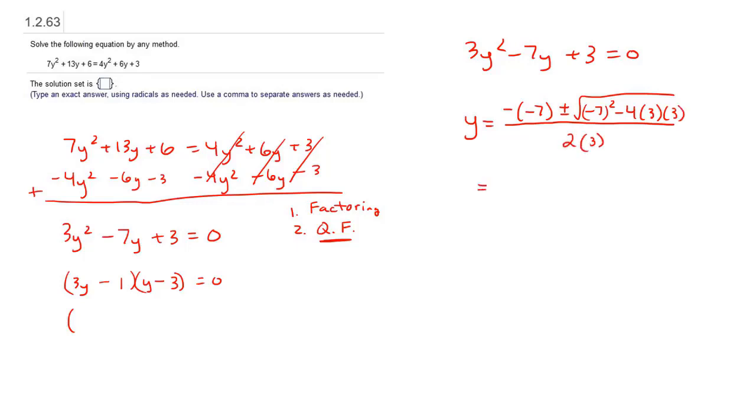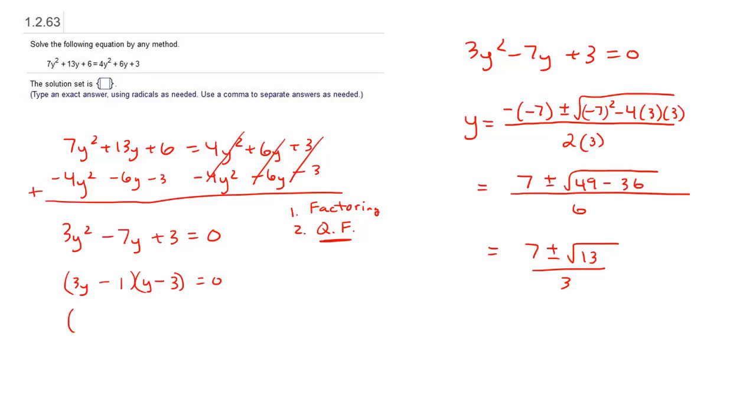So as we can solve that, we'll be in good shape. That's going to be a 7. That's going to be a 49, looks like 49 minus 36 all over 6. Plus or minus, that's going to be 13 over 6.